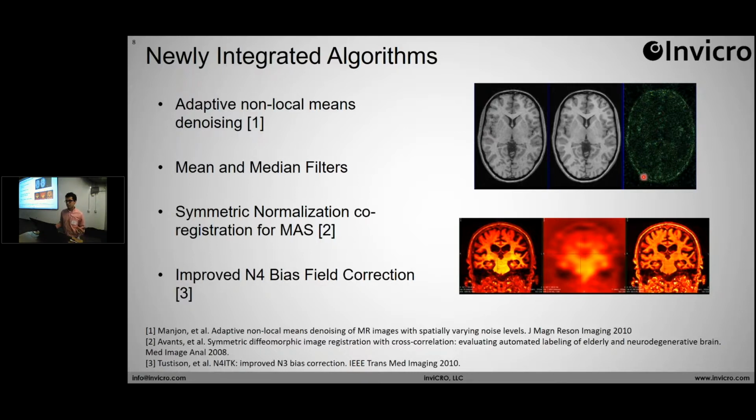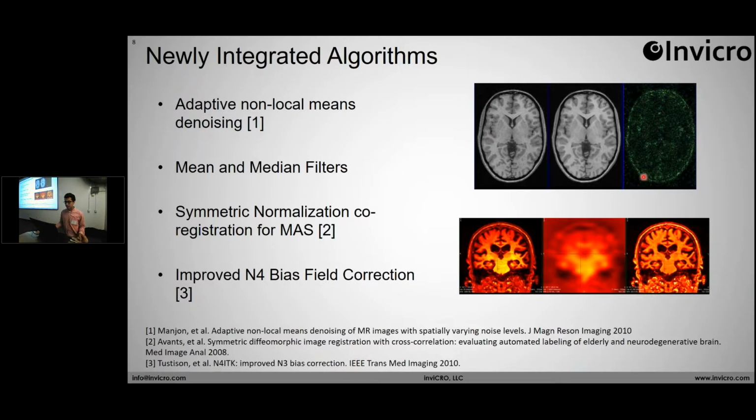The symmetric normalization algorithm, we look forward to putting this in the reorientation tool in 4.0, but for now we've had really good success with it in the whole body atlas, or what we also like to call the multi-atlas segmentation tool. It's a new deformation algorithm that we've integrated there, and it does a symmetric registration of both the fixed image and the moving image together in opposite directions, and composes the transform to move your moving image to the fixed space.